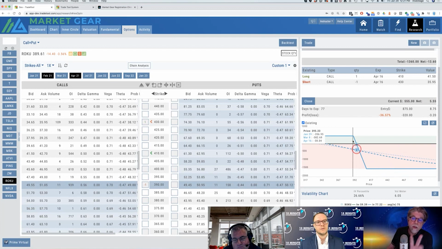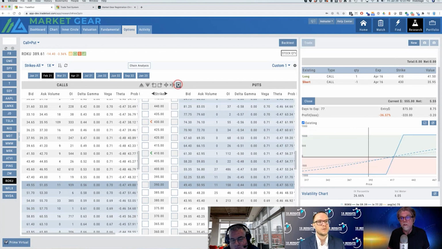But now, if you look at this, I'm in a bear call, and all it has to do is stay here or go lower and I'm going to bring in the money, because that's where the stock is today. So I can still profit even if it doesn't go up at all or down anymore. If it just stays here, I'm still able to profit, and if it goes down, of course, I still have that profit ability as well.